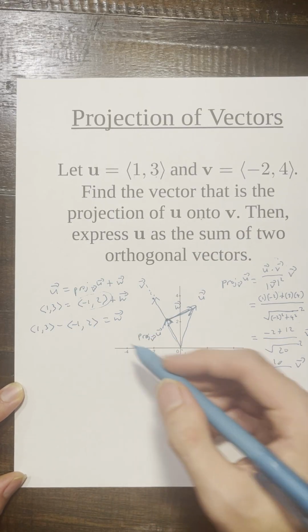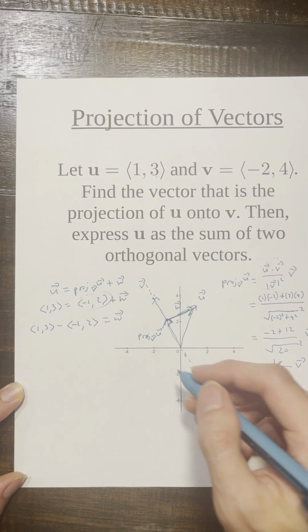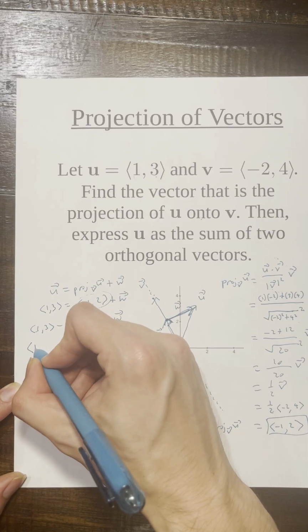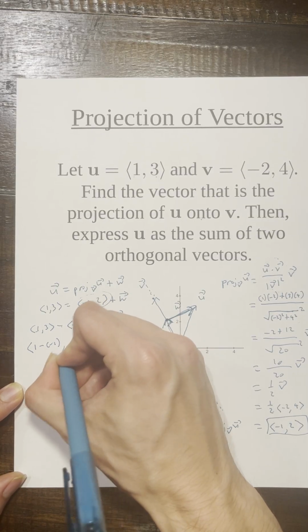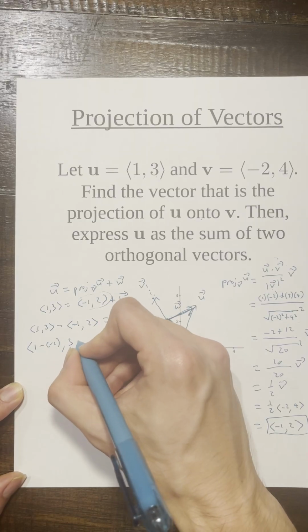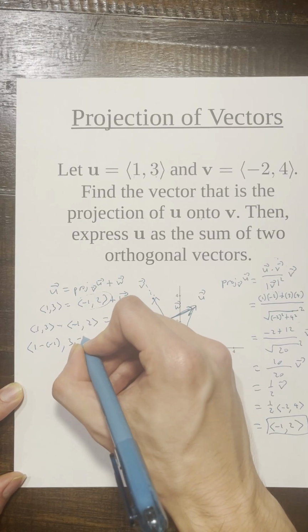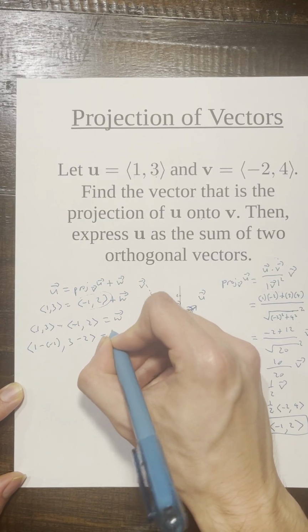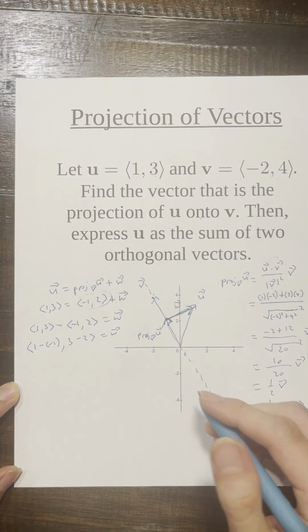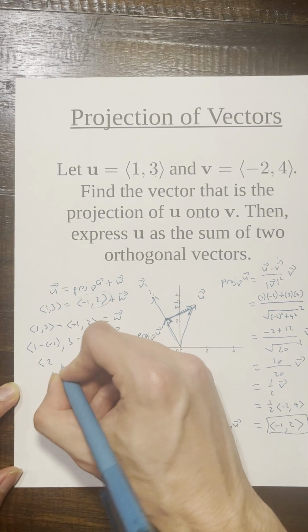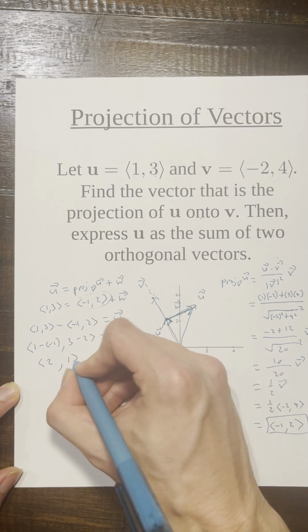And how do we subtract vectors again? So x component minus x component, y component minus y component. What's 1 minus -1? 2, and 3 minus 2 is 1.